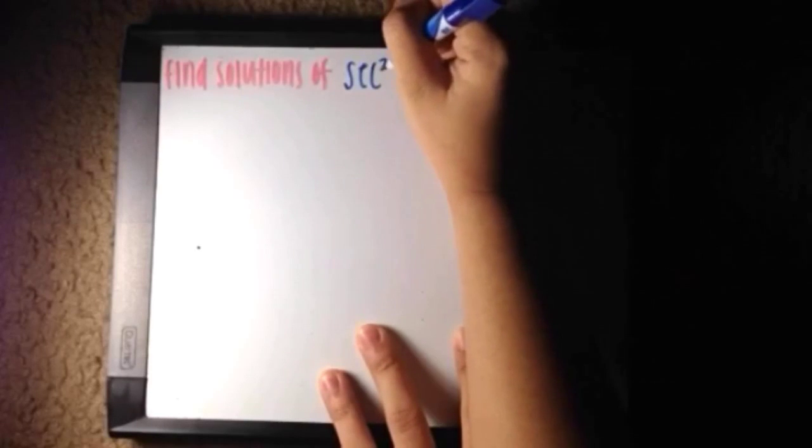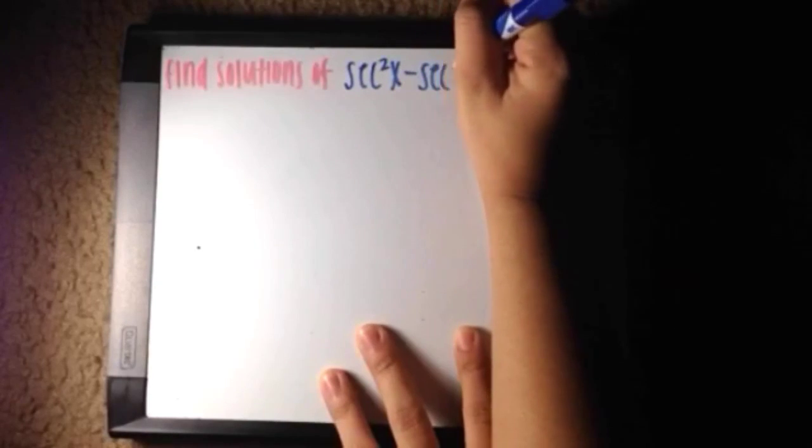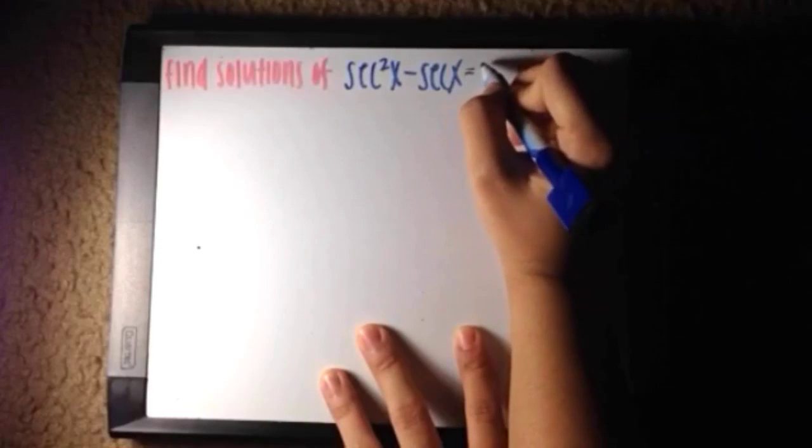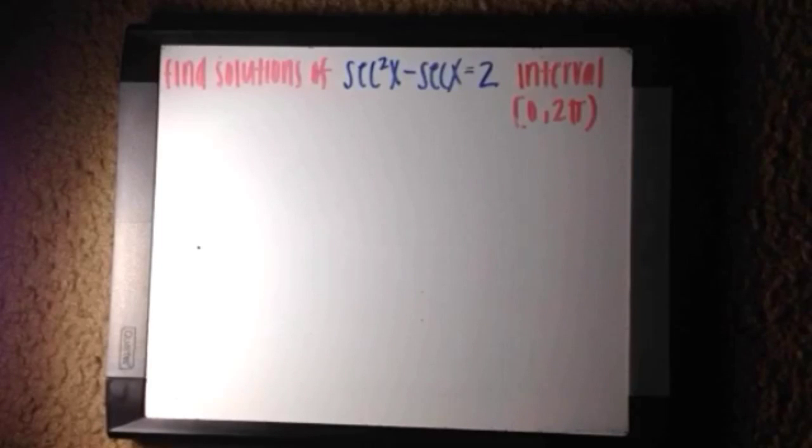Today, we are going to find solutions for secant squared x minus secant x equal to 2 in the interval of 0 to 2 pi.